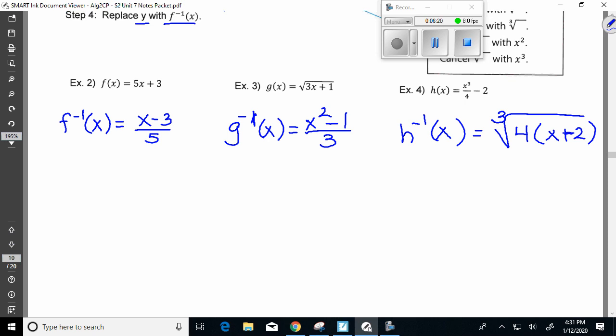You could have left it that way, or you could have given it as the cube root of 4x plus 8. If you notice, there's no difference between the two. One stayed the way it is, and one is the simplified version of it. So no difference one way or the other. That's examples 2, 3, and 4. We're now going to do 3 more examples together just to make sure that we're on the same page.